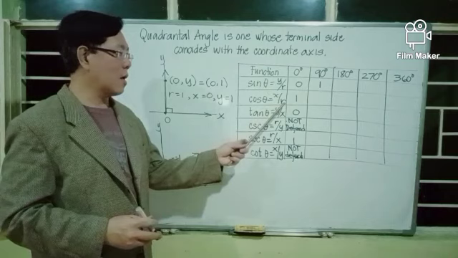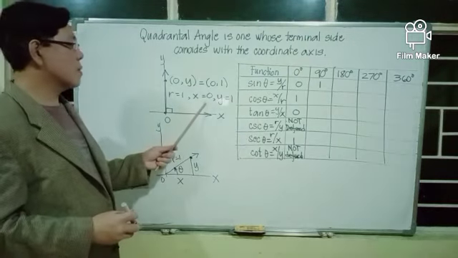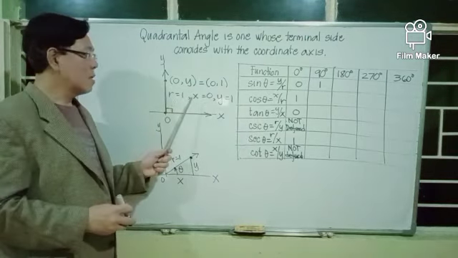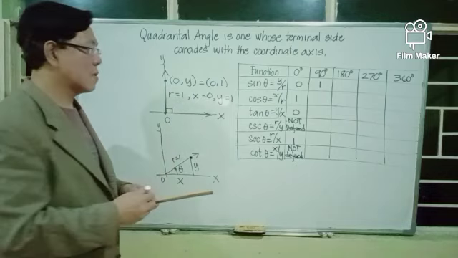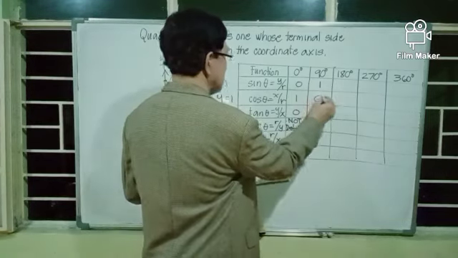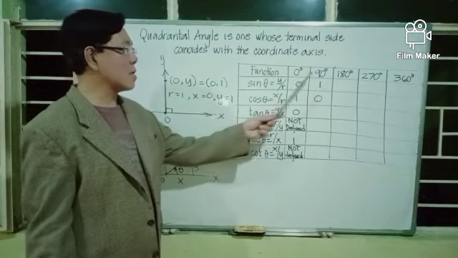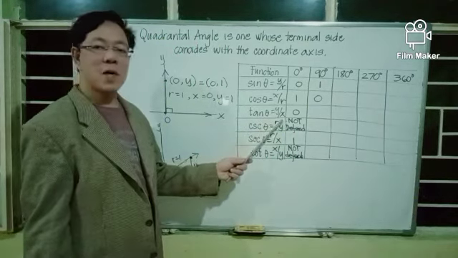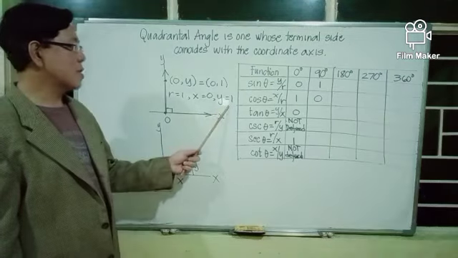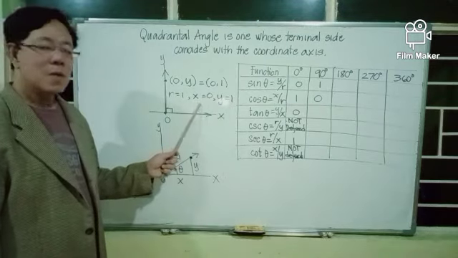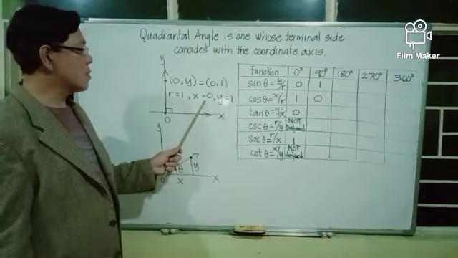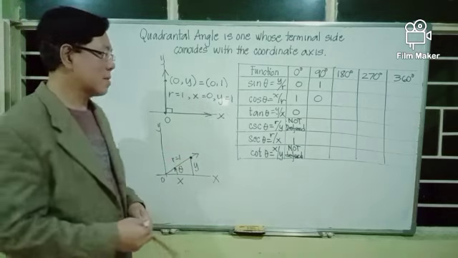X is 0, r is 1, 0 divided by 1 is 0. Tangent of 90 degrees equals y over x. Y is 1, x is 0, and 1 divided by 0 is not defined.